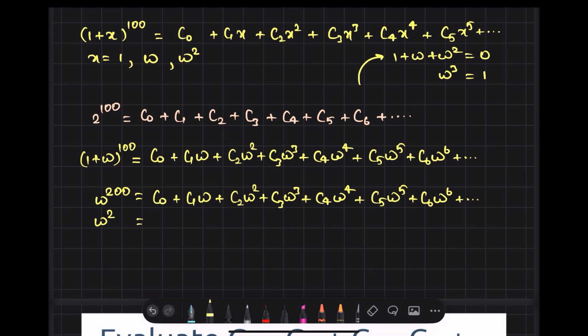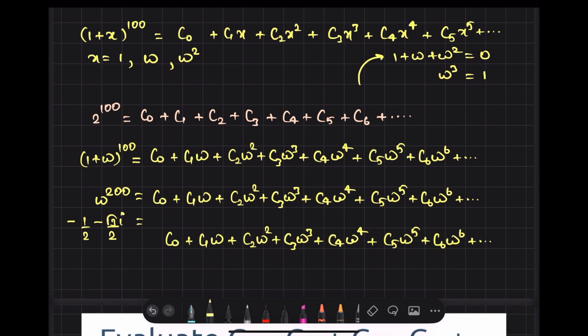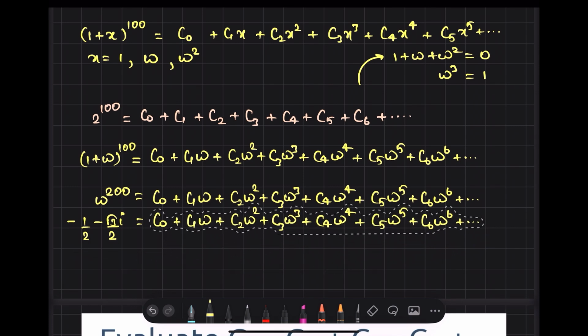And you also know who omega square is: omega square is minus 1 by 2 minus root 3 by 2 iota. Okay, so this was your equation.